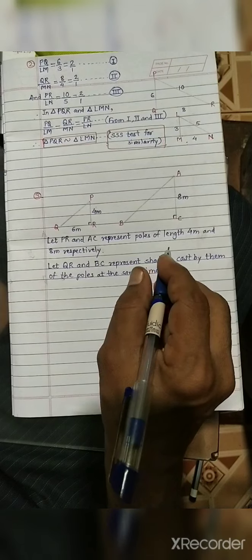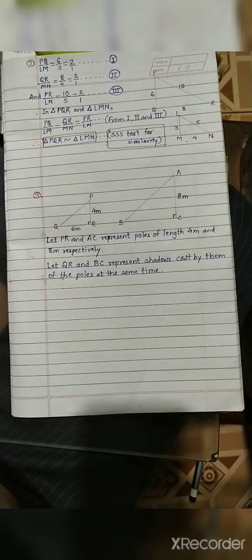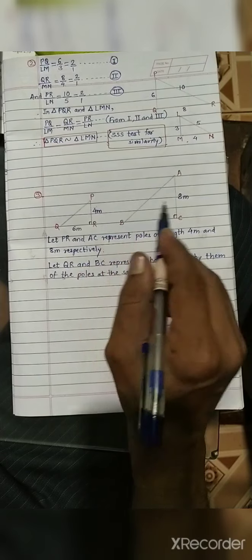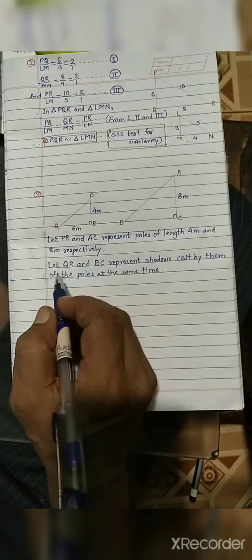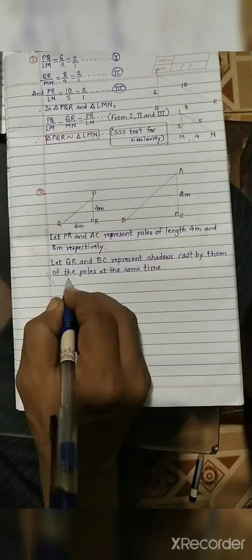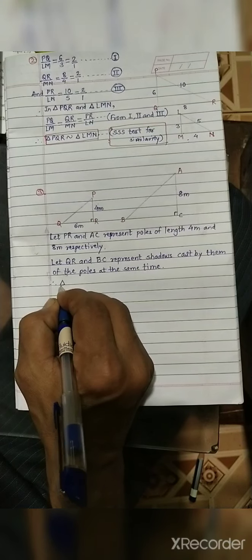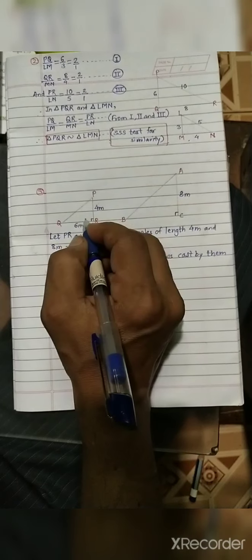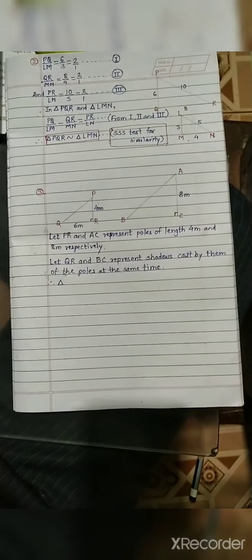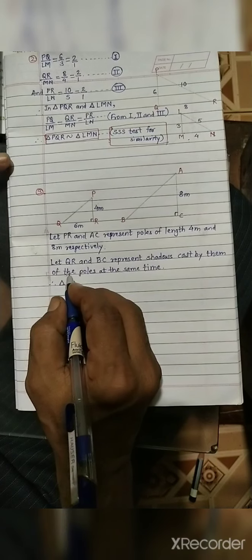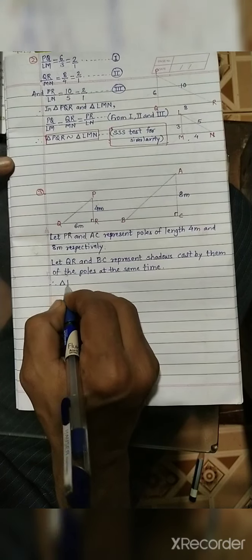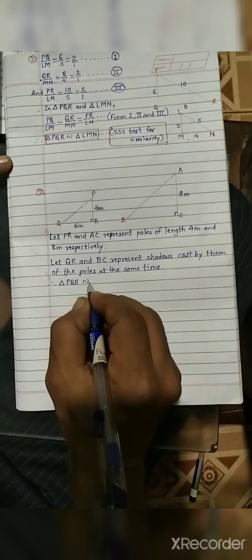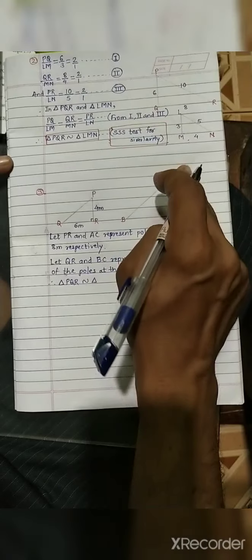So by the shadow reckoning property, the two triangles are similar to each other. So triangle PQR is similar to triangle ABC.